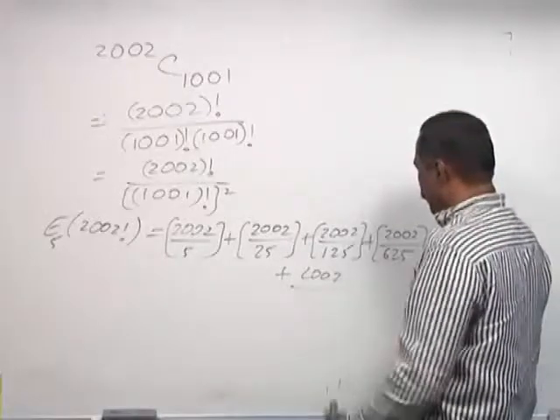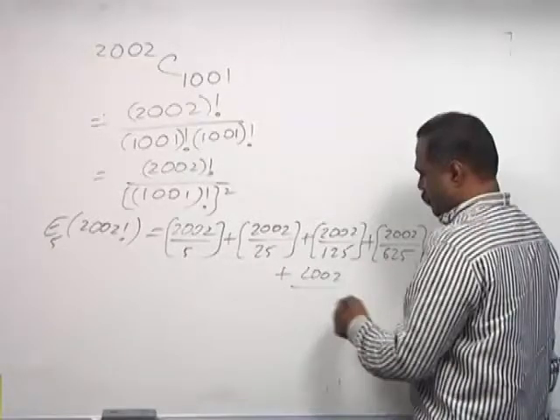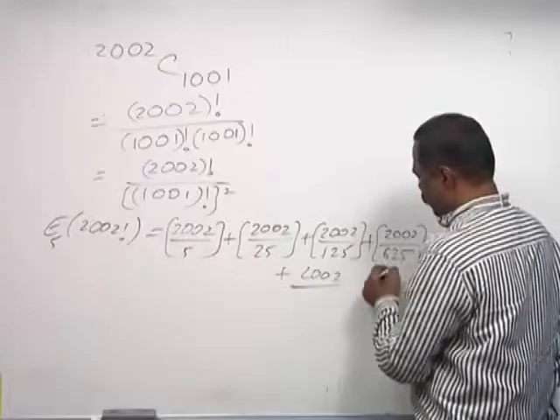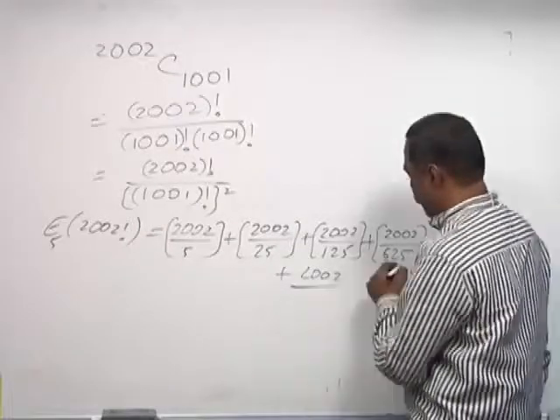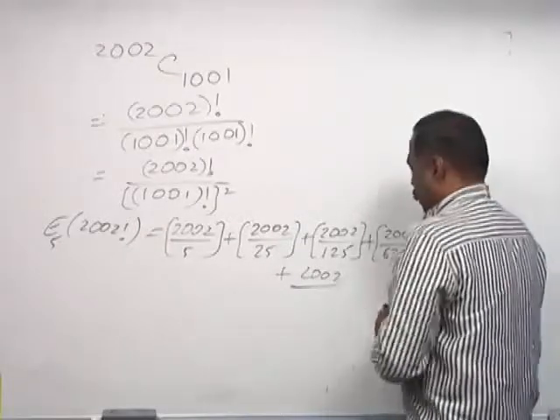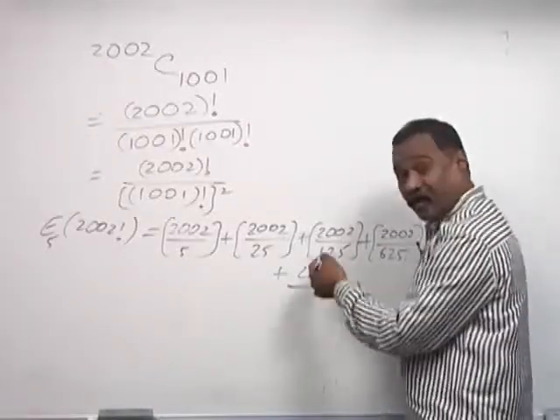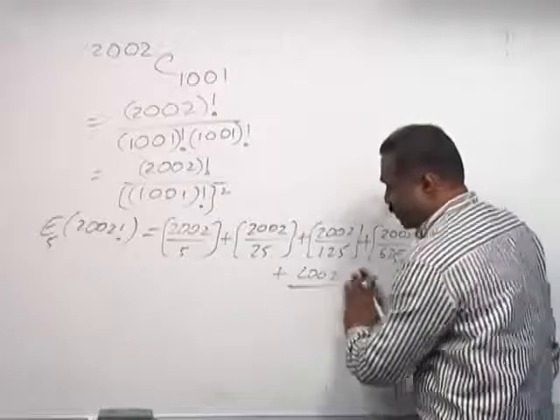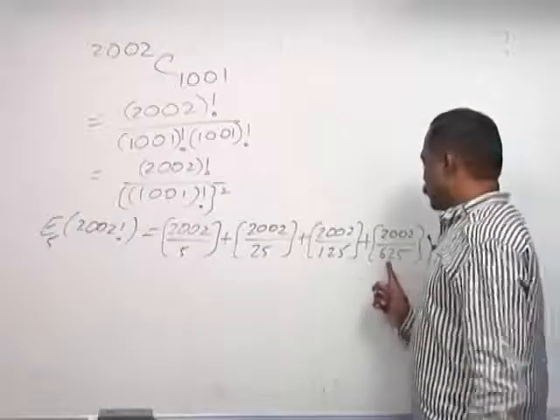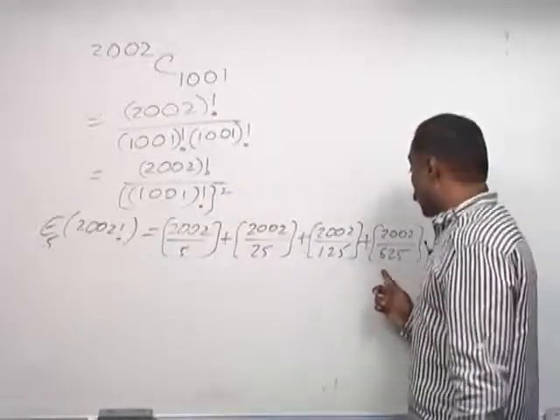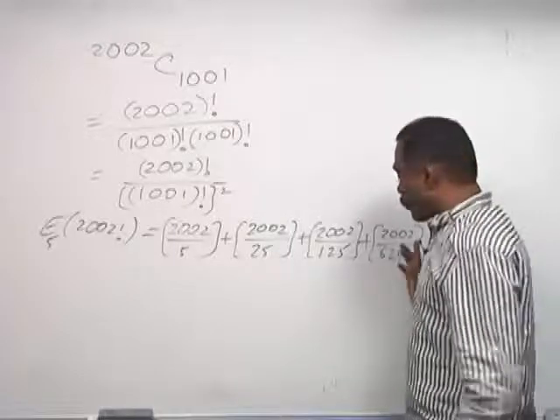Again 625 into 5 is how much? 625 into 5 is 3125, which exceeds 3000. It exceeds, you understand? You need not write that. It exceeds 2002, that is why you need not write it.